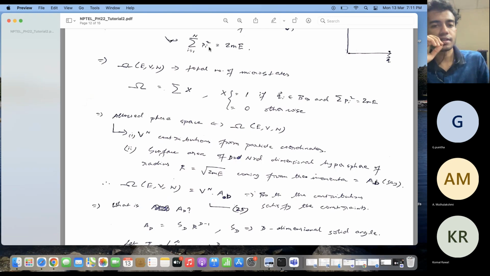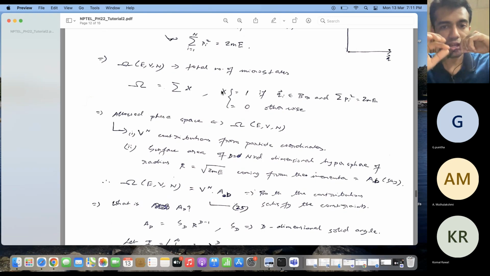Now you see that this is an equation of a sphere in three-dimensional space such that the radius of the sphere is equal to the square root of 2mE. Any point on the surface of that sphere will satisfy this particular constraint. So all those points on the surface of the sphere contribute to my microstate.